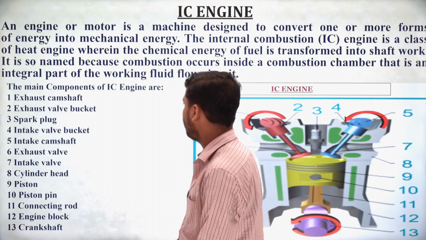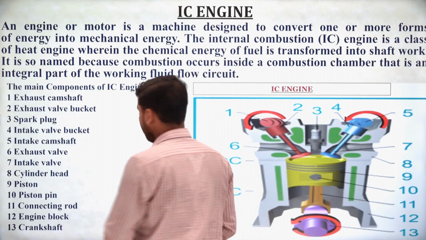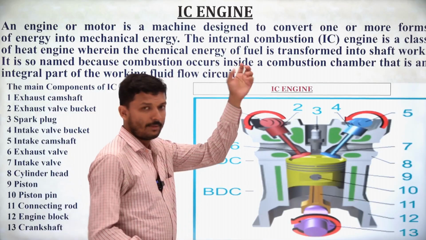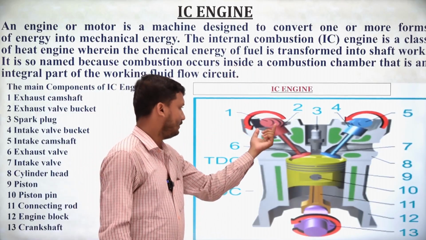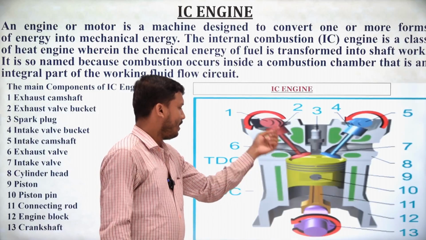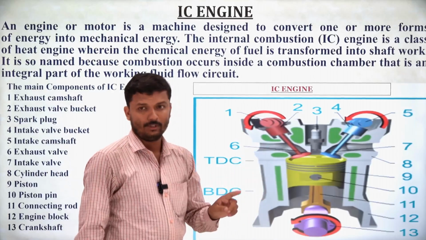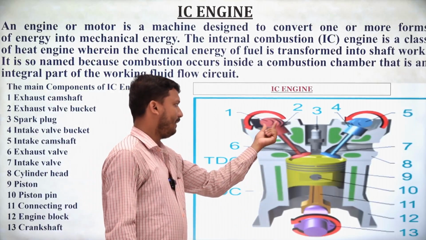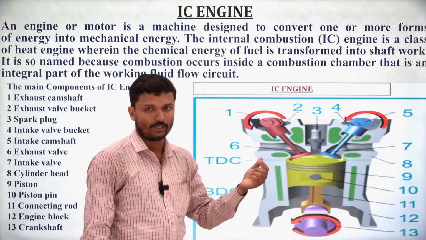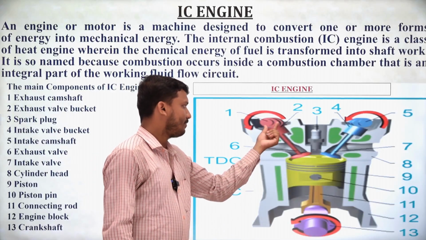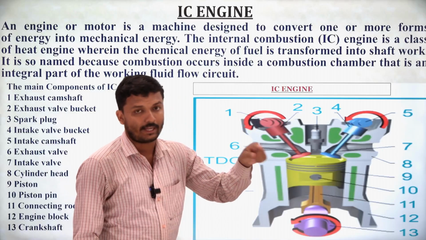First of all, there is the exhaust camshaft. In this diagram, the upper part of the red color is number 1, the exhaust camshaft. The exhaust camshaft is a cam type of movable working. Cam means it works just like a timing flow.